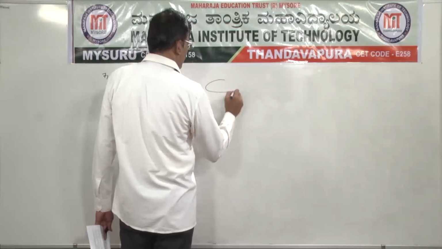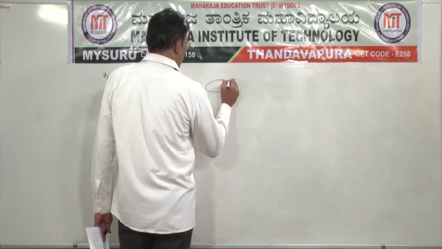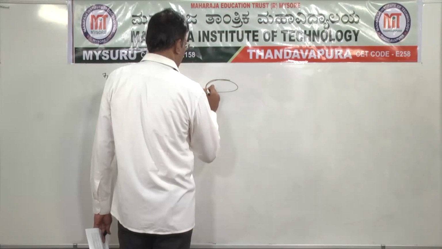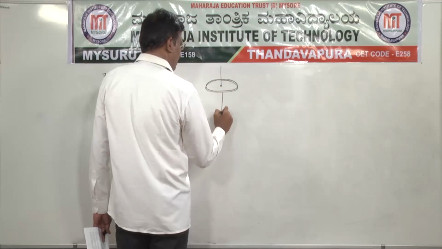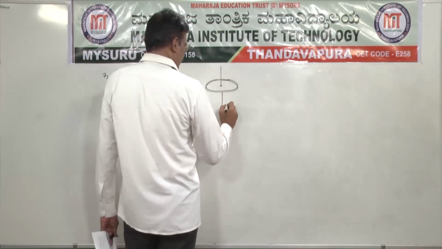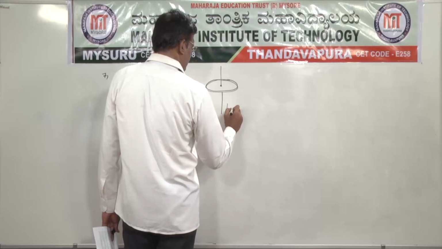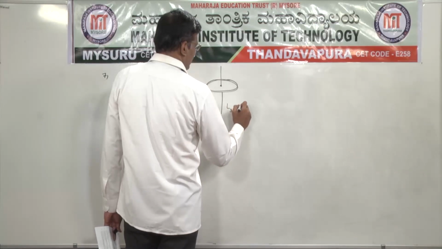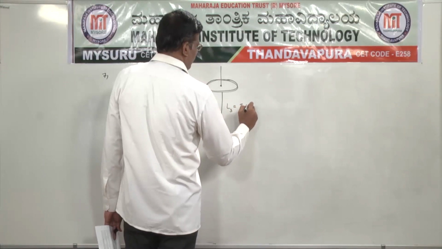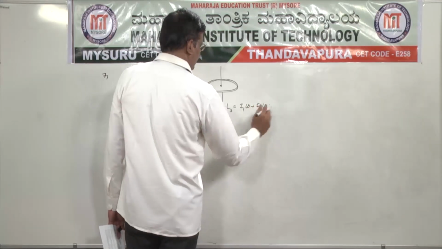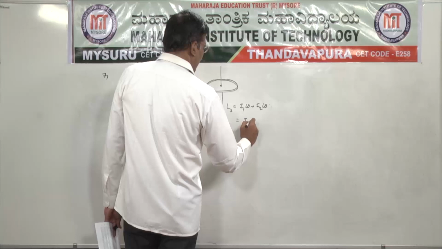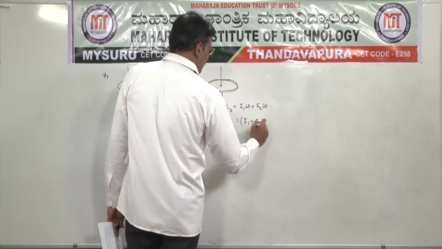That is, two circular discs are placed one over the other. Then the final angular momentum, let us assume L3, L3 is equal to I1 omega plus I2 omega, that is equal to (I1 plus I2) into omega.